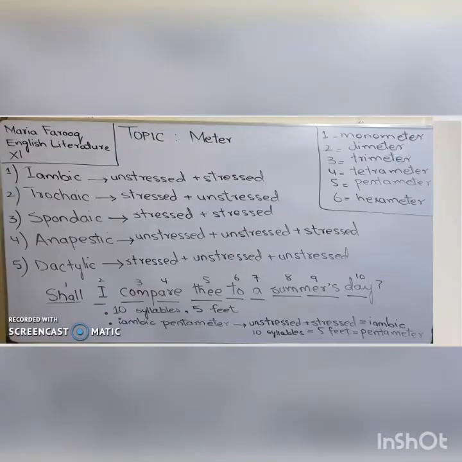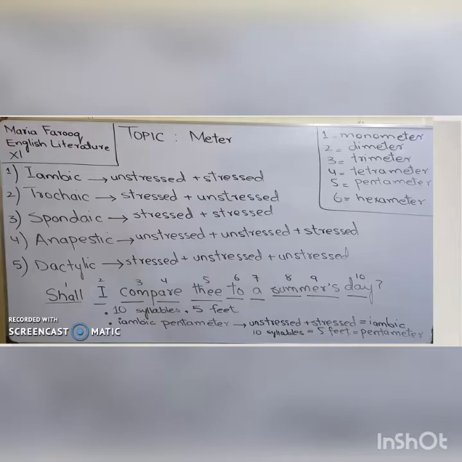Now look here, girls. 5 types: iambic, trochaic, spondaic, anapestic, dactylic. First one is iambic. Each foot has 2 syllables. I have already told you, as far as iambic, trochaic, and spondaic are concerned, each foot has 2 syllables. In iambic, the first one would be unstressed and the second one would be stressed.